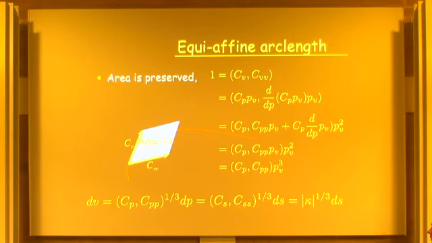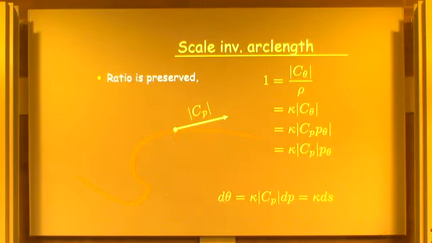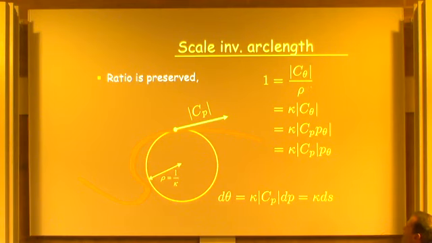A more intuitive construction, I would say, is constructing arc length for scale invariance. In scale invariance, if we're looking for an arc length that would be invariant to scaling, we know that the ratio between lengths is preserved. So what we would like to have is a parameterization, let's call it theta, so that the ratio between theta and the radius of the oscillating circle would always be equal to 1.